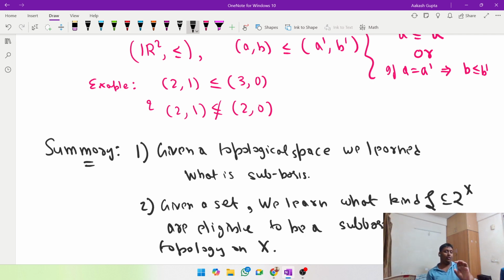The second point has actually made us understand why this terminology subbasis is there: something prior to basis. So let me stop here.